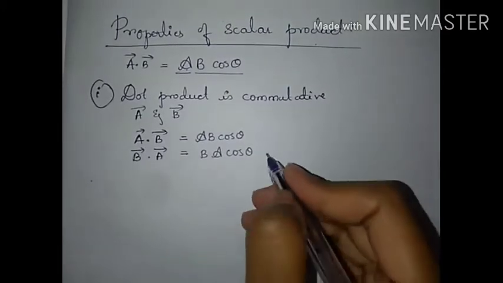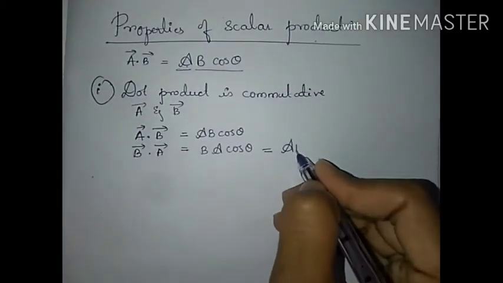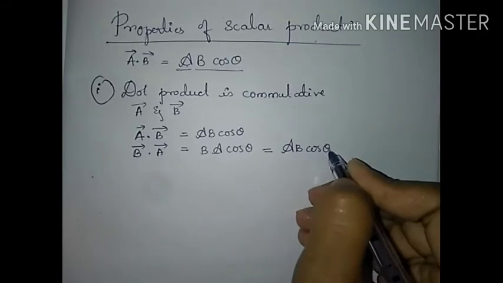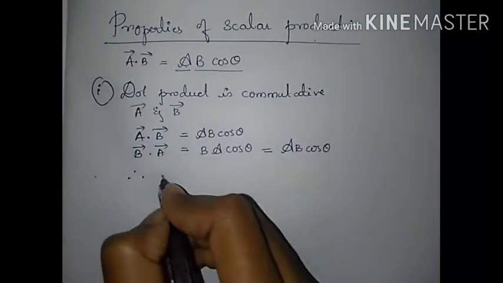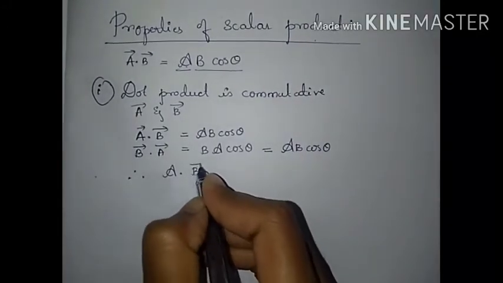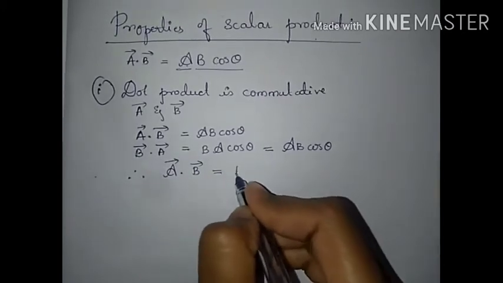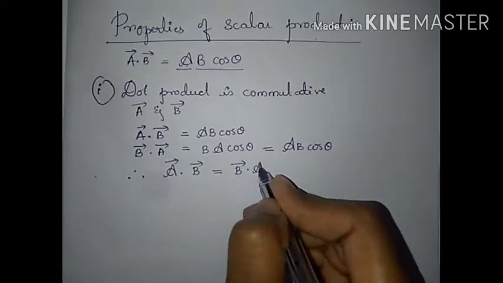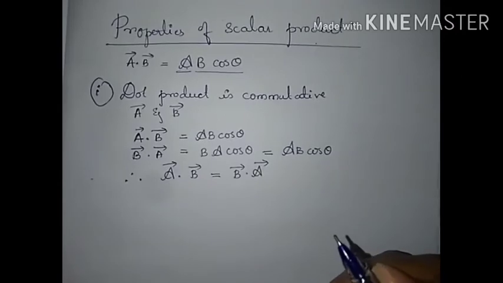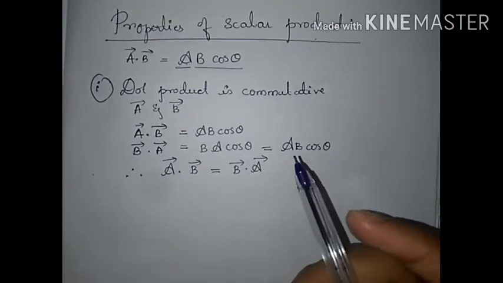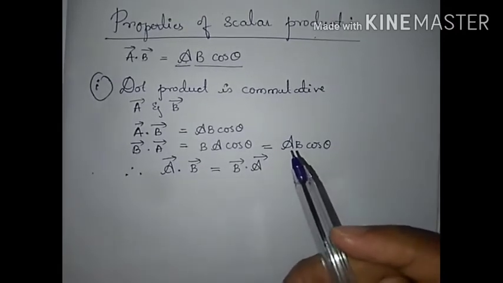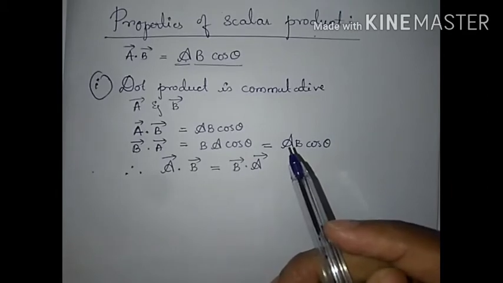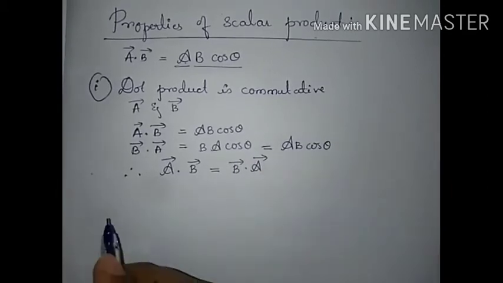BA cos theta can also be written as AB cos theta. Therefore A dot B is equal to B dot A. So this is the commutativity of two vectors.